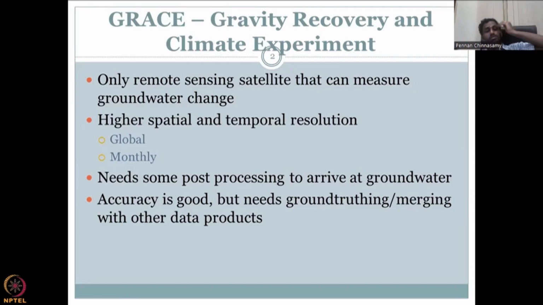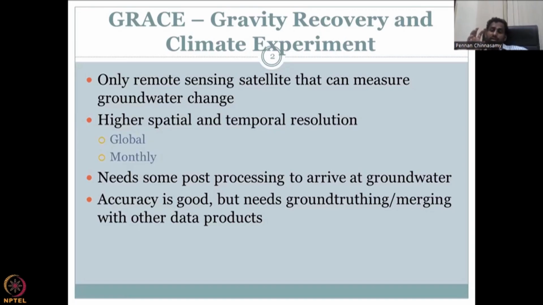Then you have higher spatial, I've told about the spatial and temporal resolution. The groundwater data is monitored once every quarter, which is once in 4 months. However, the satellite data GRACE is monitored every month, and they're also thinking about bi-monthly data.